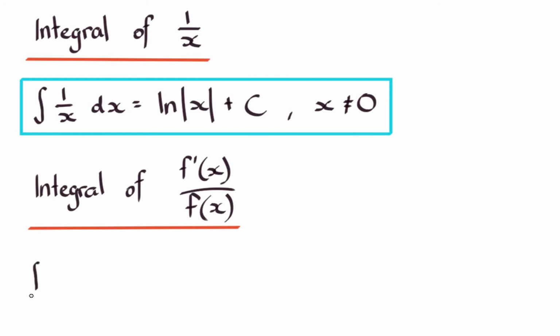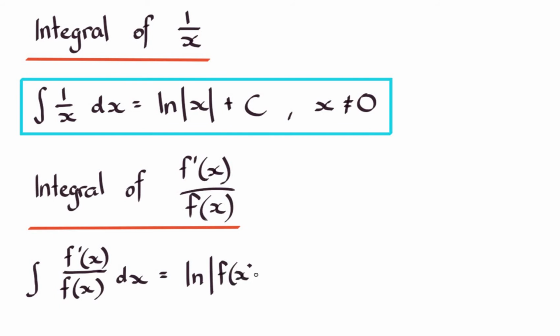So if you notice an integral where we have some function of x on the bottom of a fraction, and then the derivative of that function of x on the top of the fraction, this is equal to the natural log of the absolute value of that function of x that is on the bottom of the fraction. Okay, then we also have our constant of integration, and in this case this entire function of x that's on the bottom cannot be equal to 0.